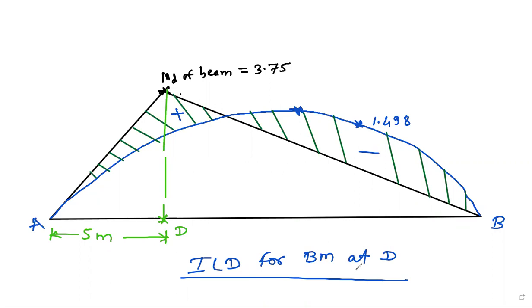RA into X minus H into yD. At X equal to 5, we have calculated y using the equation. Using that, you get the value of moment at D, that is 3.75. That is MD of beam, RA into X minus H into yD.